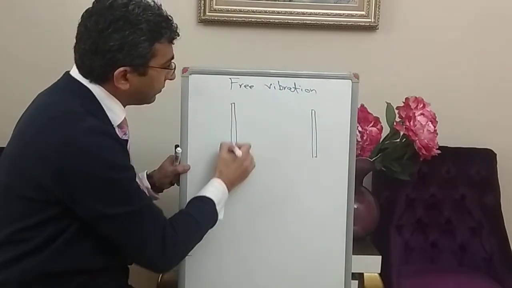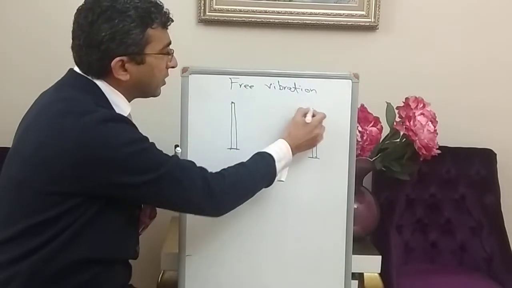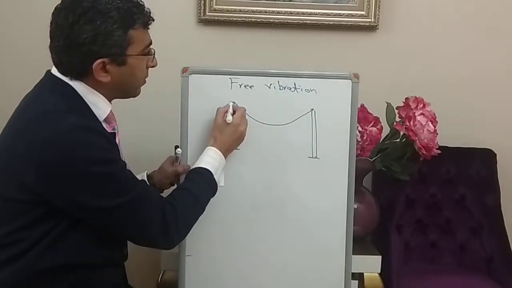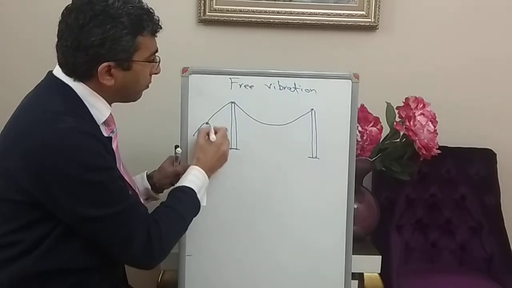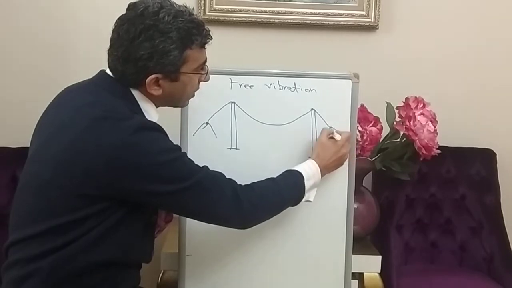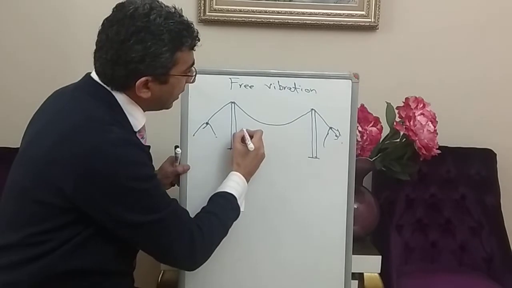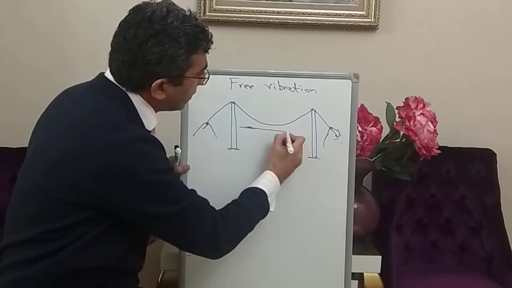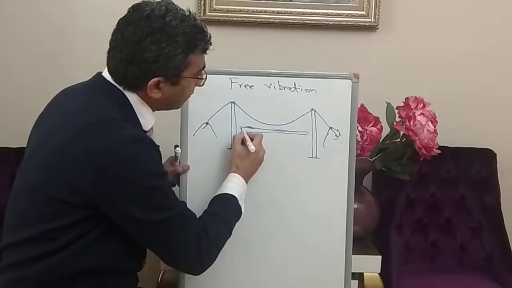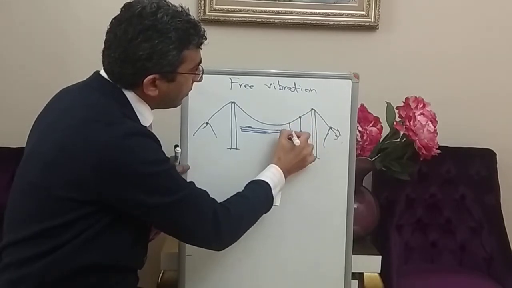There are 2 towers and there is a cable coming from here, made from high strength steel, and this part of the cable is anchored deep into the mountain. The steel deck is hung by some cables.